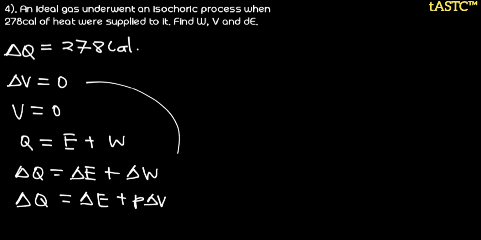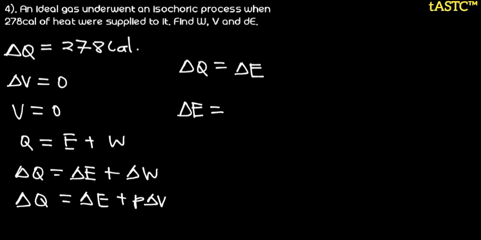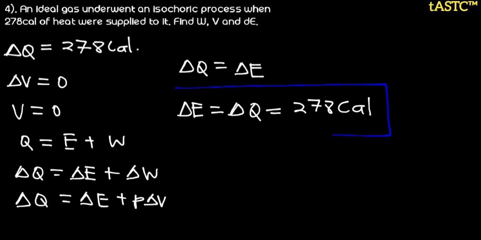And since dV is always going to be equal to 0 for an isochoric process, this term is going to vanish. Therefore, we're going to have dQ equal to dE. So in this case, we already know what dE is. dE is going to be equal to dQ, and so that is also equal to 278 calories. And this is the answer for the first part.